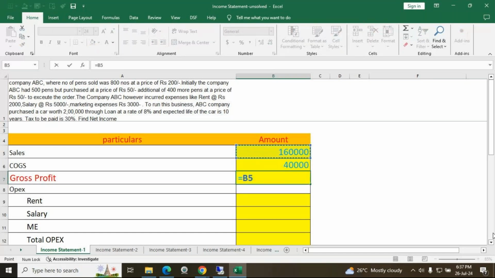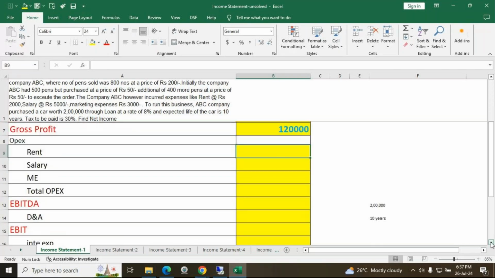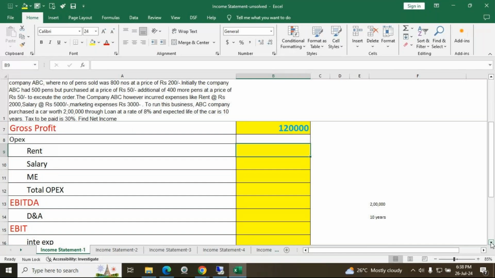Then rent equals 2000. Then salary, 5000. Very good. Then marketing expenses, 3,000. So I get 10,000 for my total operating expenses.